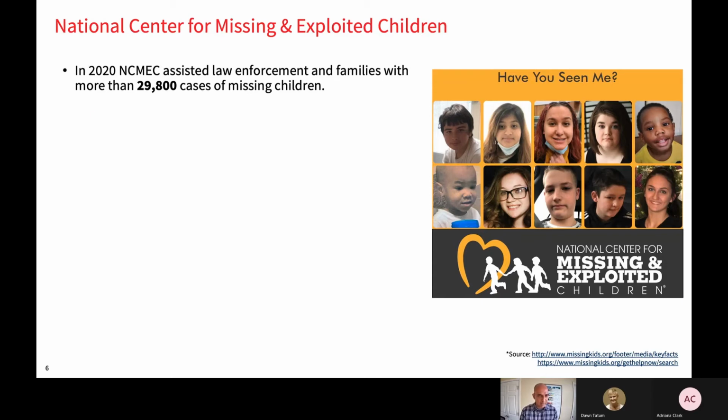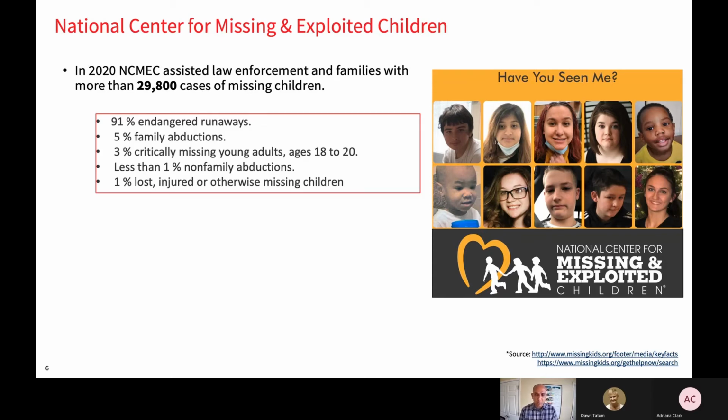What does that really mean? Out of these 29,000 cases of missing children, 91% were just endangered runaways. They just ran away from the current family situation. That is a big problem.